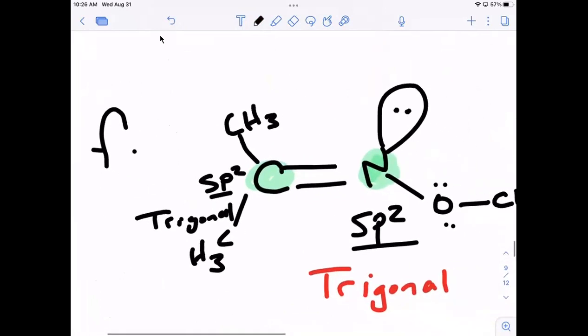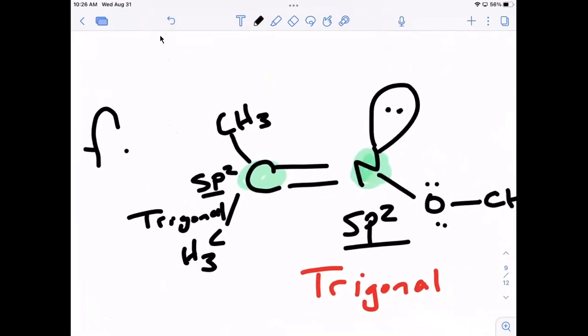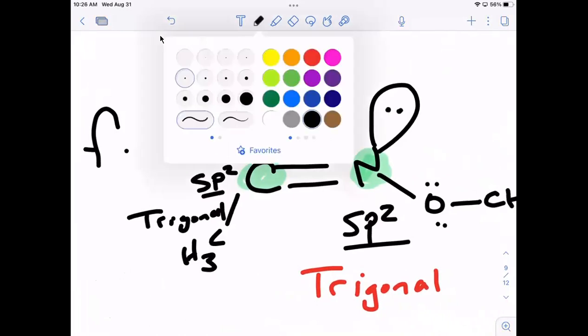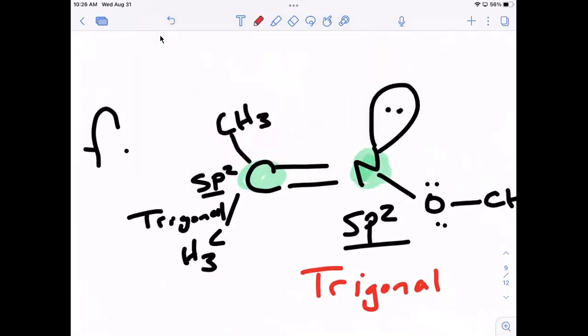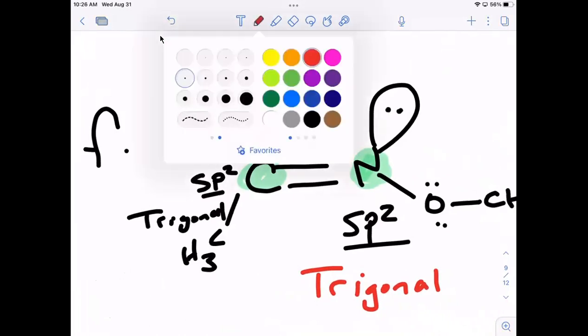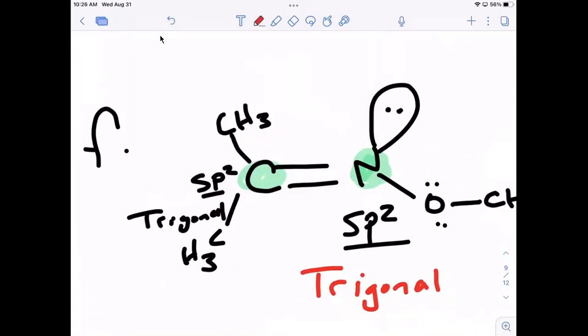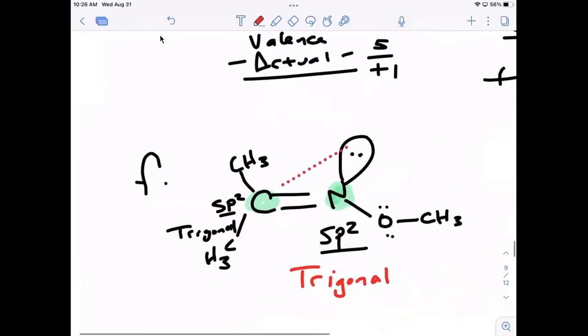And with the geometry drawn out, you can actually see that triangle and that 120-degree bond angle. You can kind of see it right here, like that, and then you can see it on the other side too.